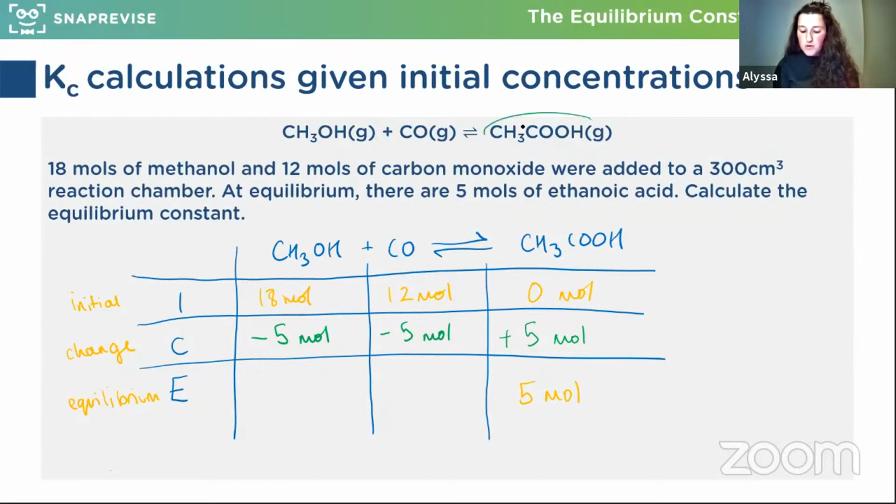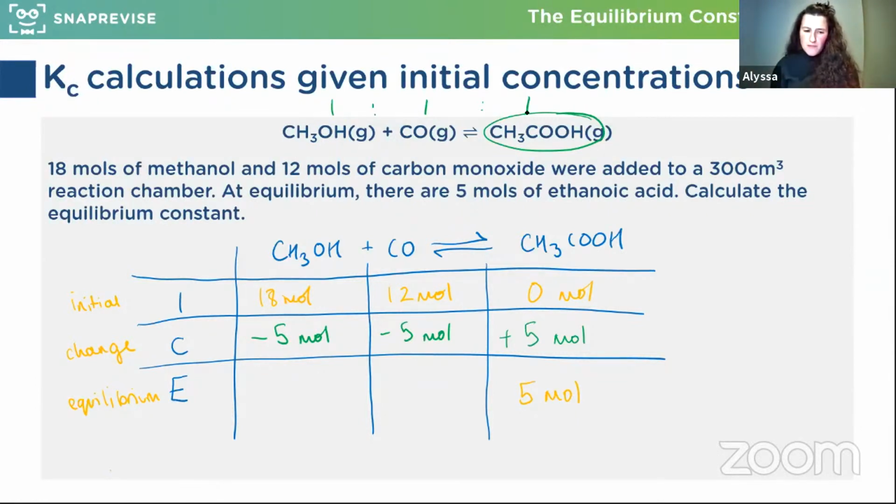In order to produce 1 mole of ethanoic acid, I have to have used up 1 mole of methanol and 1 mole of carbon monoxide. So to produce 5 moles of ethanoic acid, I have to have used up 5 moles of methanol and 5 moles of carbon monoxide. If there were different stoichiometric numbers, different reacting ratios, you might have to adjust for it, but in this case, it's 1 to 1 to 1, so it's nice and easy.